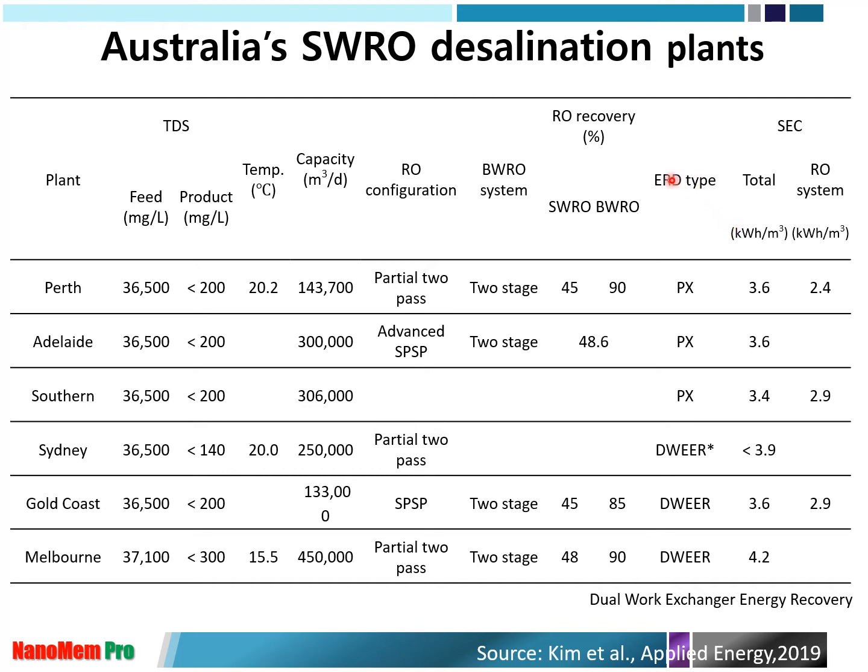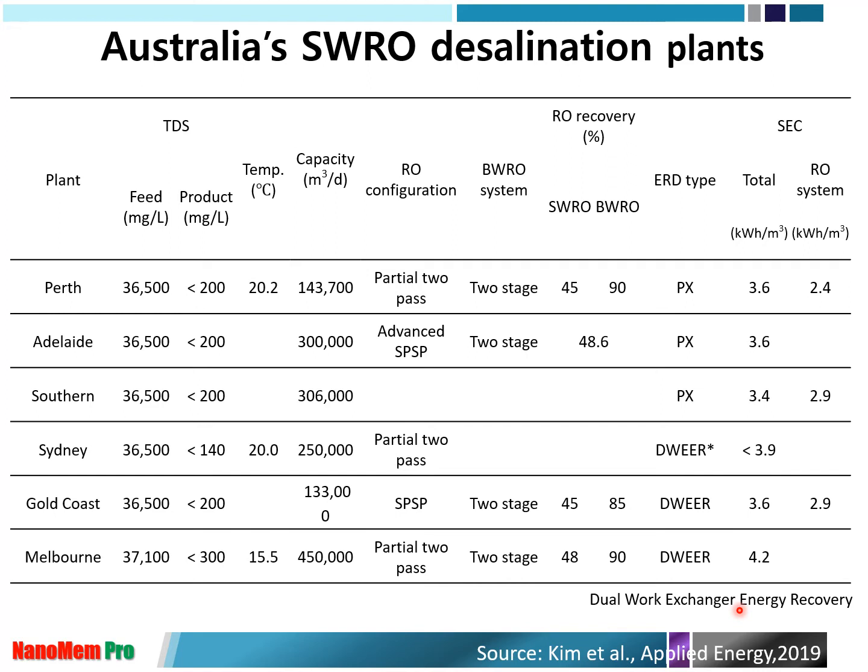Now the energy recovery device. We have two types of energy recovery device. If you look at the Perth, Adelaide, and Southern desalination plants, they utilize pressure exchangers. And Sydney, Gold Coast, and Melbourne utilize the dual work exchanger energy recovery device.